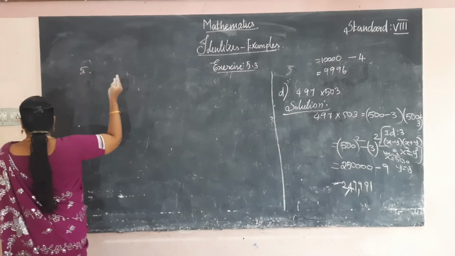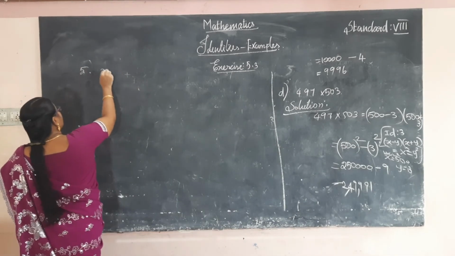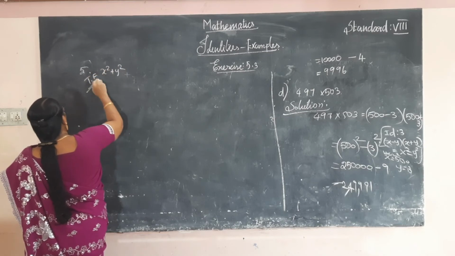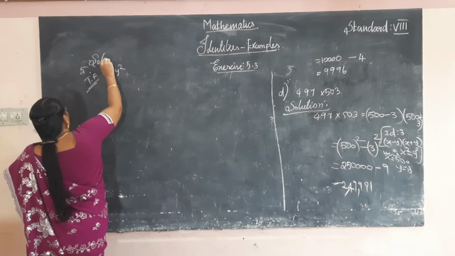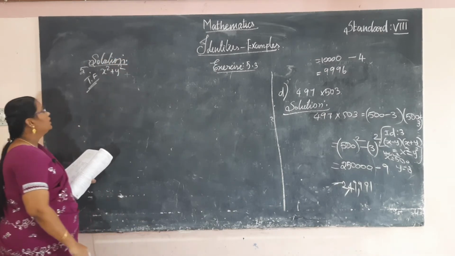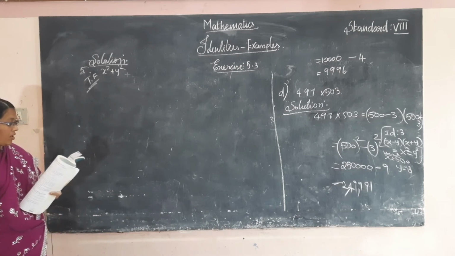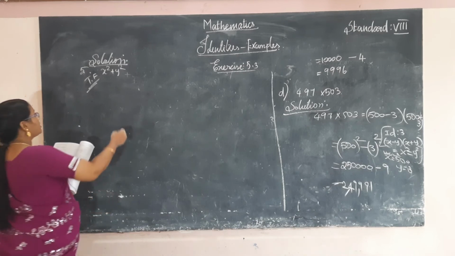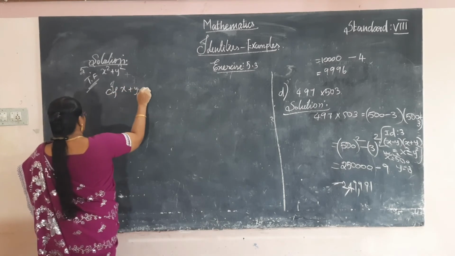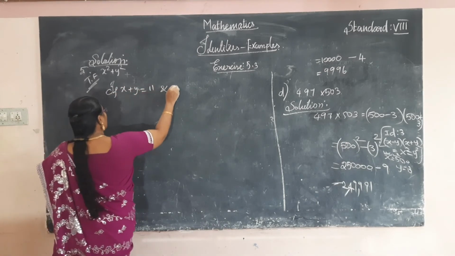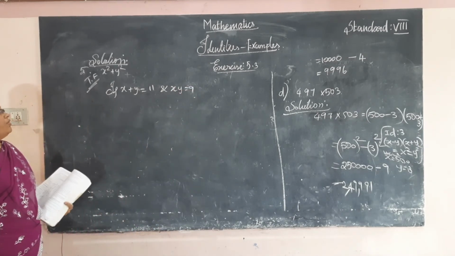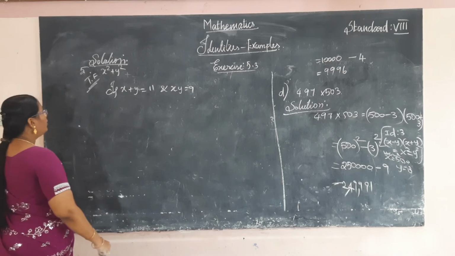Fifth one. Find the value of x squared plus y squared. Fifth problem solution: to find x square plus y square if x plus y is equal to 11 and xy is equal to 9. Okay, you have to find out the value of x square plus y square. How do you find out?